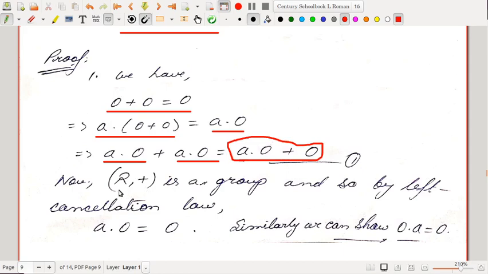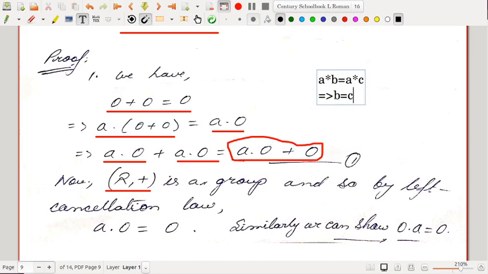In the last class I also noted that if R is a ring, then (R, +) is a group. In group theory you have already seen that in any group the left cancellation law holds. What is that? If a star b equals a star c, then this implies b equals c; a can be cancelled.